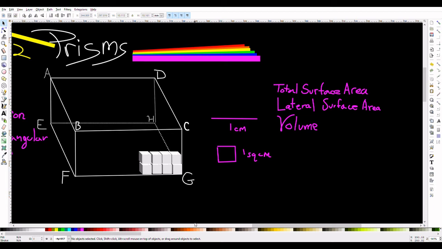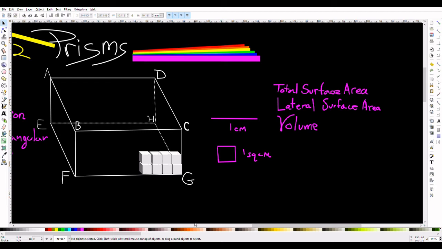It's important to know that whether you're dealing with centimeters, square centimeters, or cubic centimeters does matter. To say that something is 30 centimeters is very different than saying something is 30 square centimeters. Is even more different than saying that something is 30 cubic centimeters.